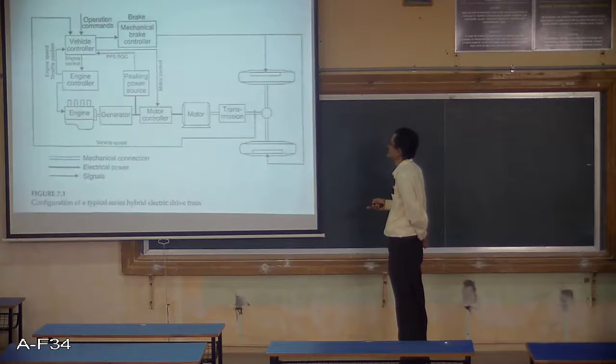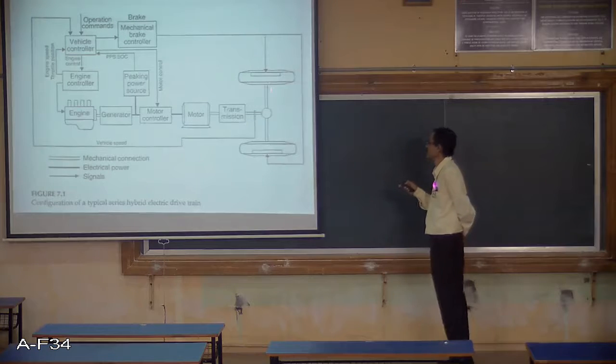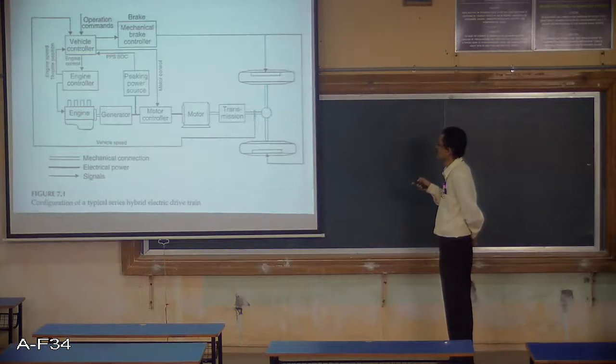Now from this figure you can see that this particular engine and generator are totally decoupled from the drivetrain. The mechanical drivetrain you see here is totally decoupled from this engine generator.